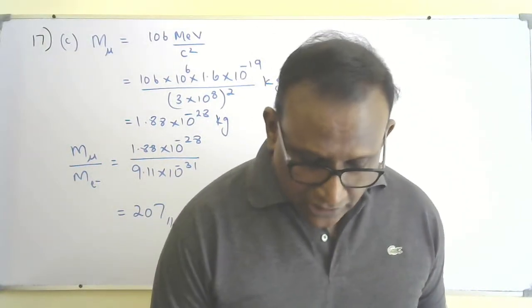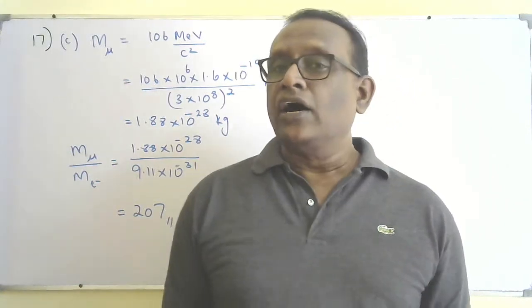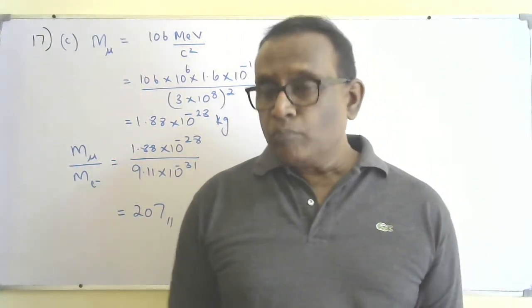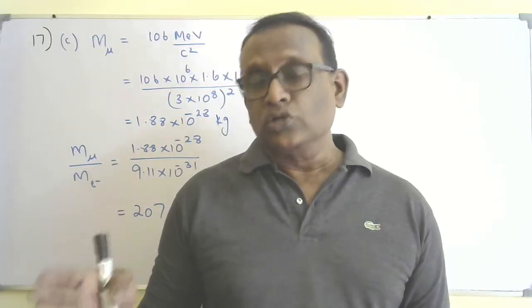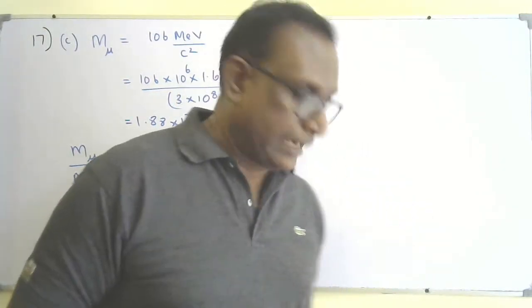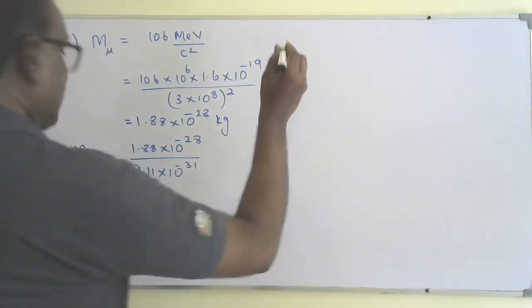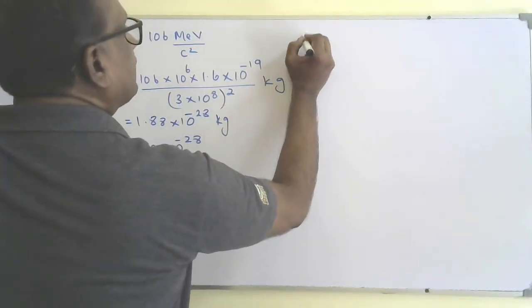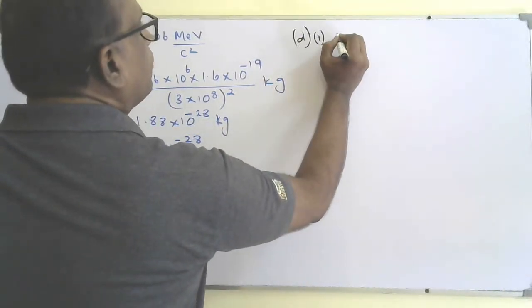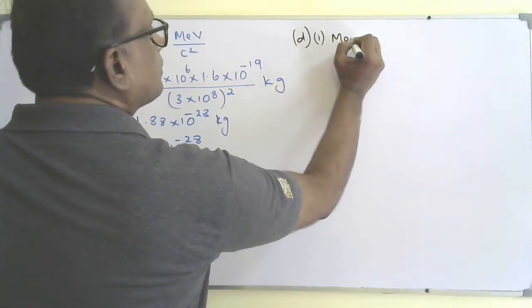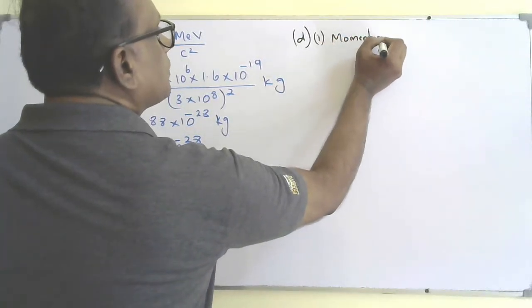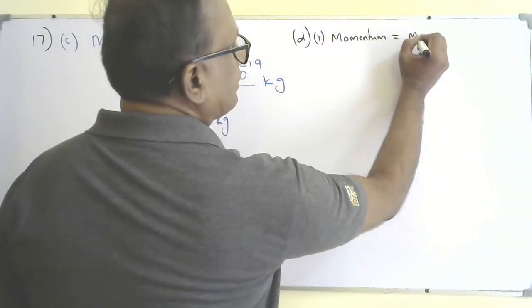We know that momentum is defined as mass times velocity. So I'll write the answer here. Part D, first part. Momentum equals mass times velocity.